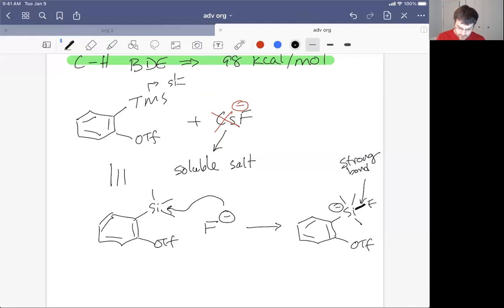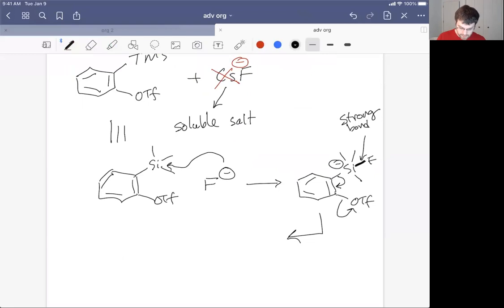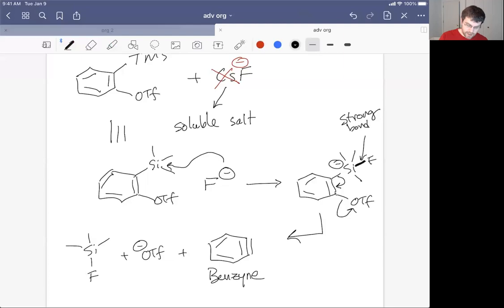That strong bond, with its negative charge, will dump the electrons down to make a carbon-carbon triple bond and push off triflate, which is, again, an incredible leaving group, to give rise to a ring system that we'll get to in a second. Fluorotrimethylsilane, TfO minus, and then the ring system is actually a benzene with a triple bond. This is the molecule, not benzene, but rather benzyne.